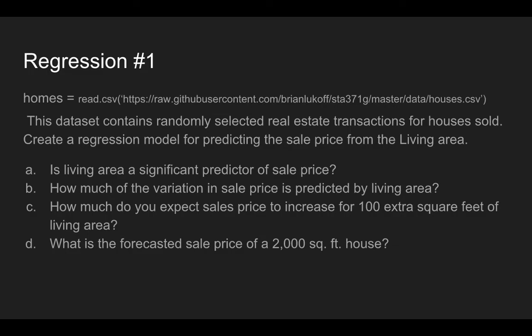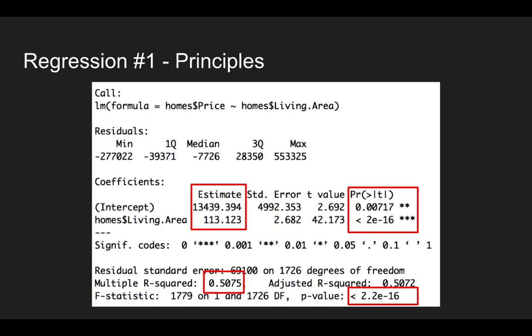How much do you expect the sales price to increase for 100 extra square feet of living area? For that, I need to look at the slope and form the equation for the model. So the equation for the model would be sales price equals 13439.39 plus 130.12 times living area.